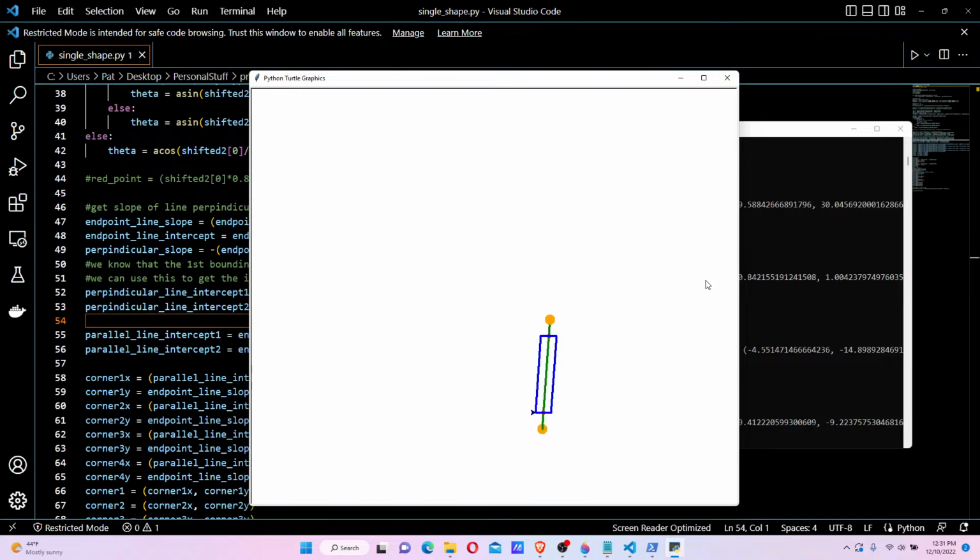When it's straight up vertical, the bounding box is way too small. It's because I'm taking the midpoint and I'm saying, okay, these parallel lines should be up here and down there.